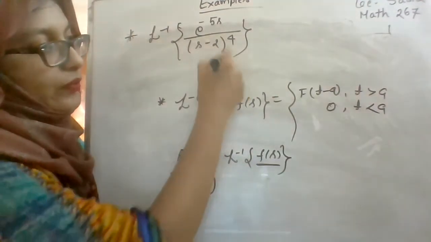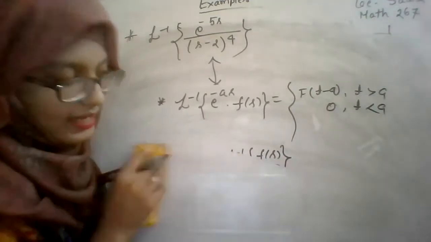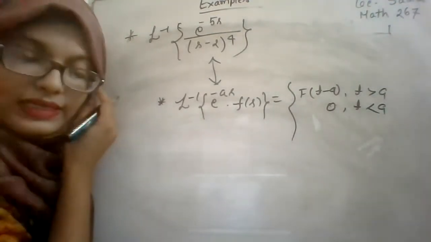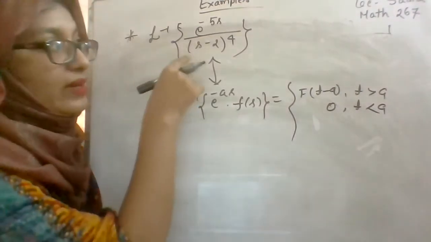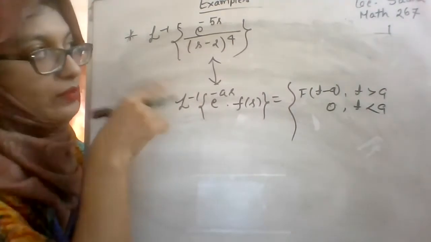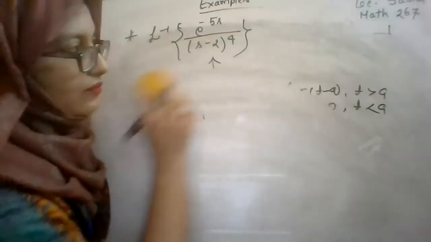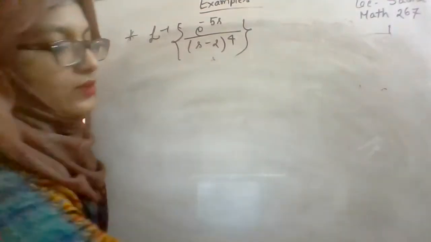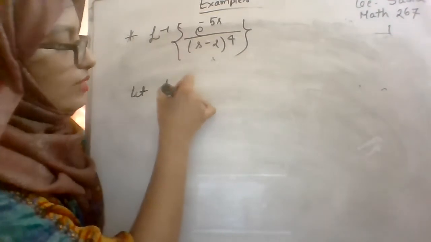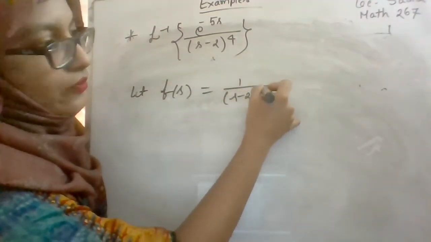If you make a comparison of this term with this term, then your e to the power minus as will be compared with e to the power minus 5s, and f of s will be compared with 1 by s minus 2 to the power 4, right? So at first we will consider f of s is equal to 1 by s minus 2 to the power 4.